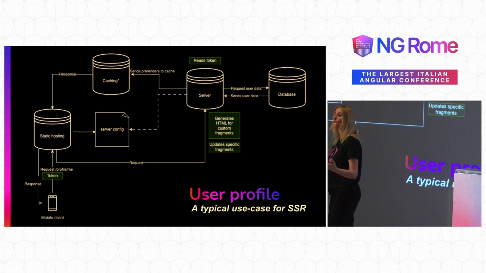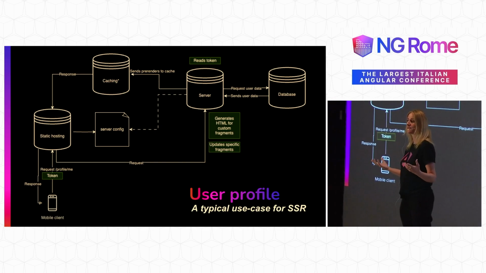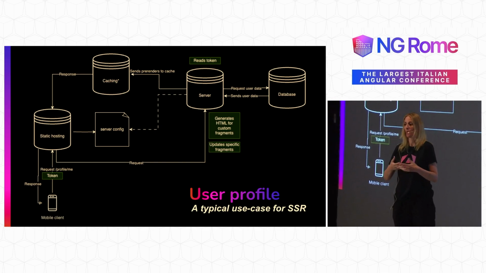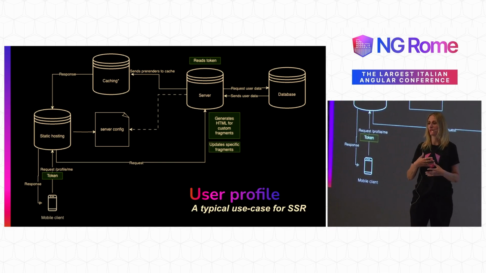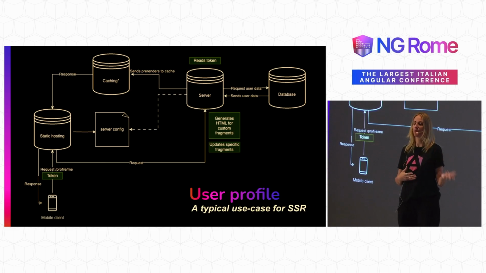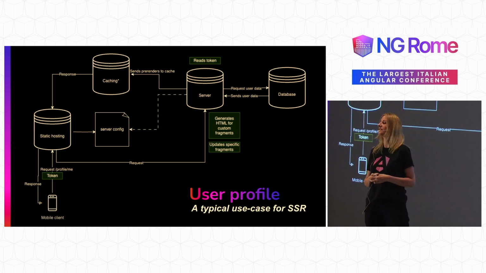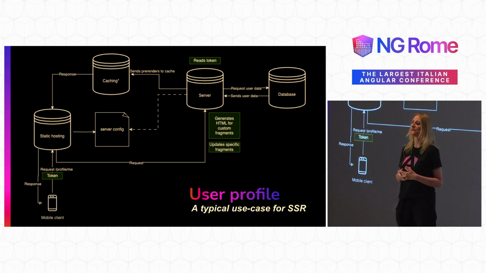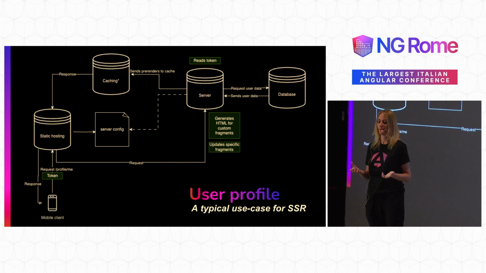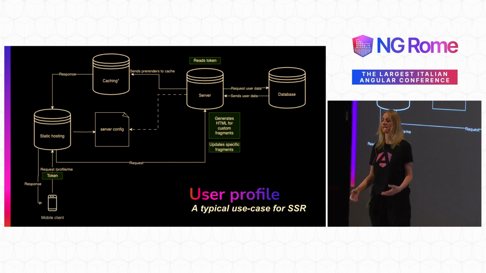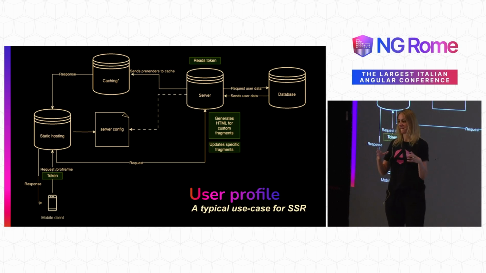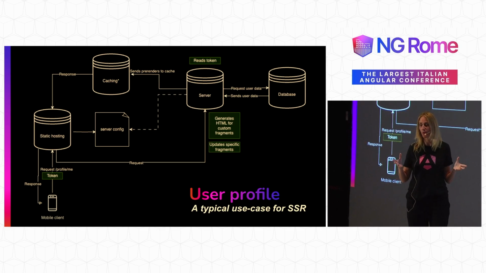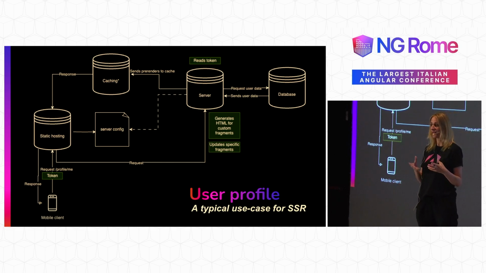We could think about more complex scenarios. One of the most common ones is a user profile, because you may be asking, yeah, Natalia, okay, you are trying to sell the idea of server-side rendering. We understand that performance is optimized with these techniques, but give me a use case. Where do I apply this? Yeah, the user profile is a typical example, because you have a set of common elements and common sections that are going to be present in every user profile.